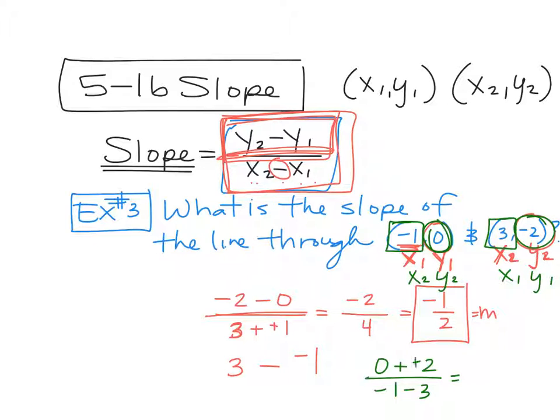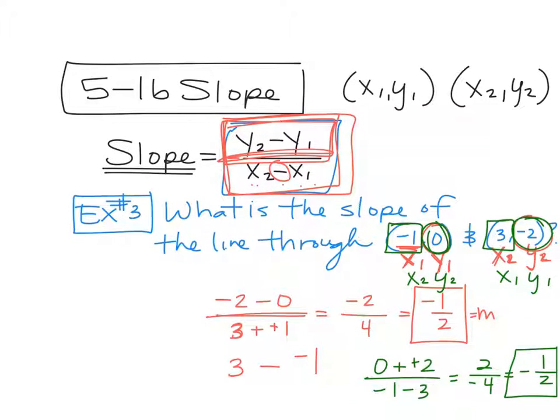Notice what happens. This is now plus a positive. We get 2. Negative 1 minus 3 is negative 4, which is a negative 1/2. So it does not matter which ones are your 1s and which ones are your 2s. It just matters that the 1s stay together and the 2s stay together. Does that make sense? Okay, let's do another one.